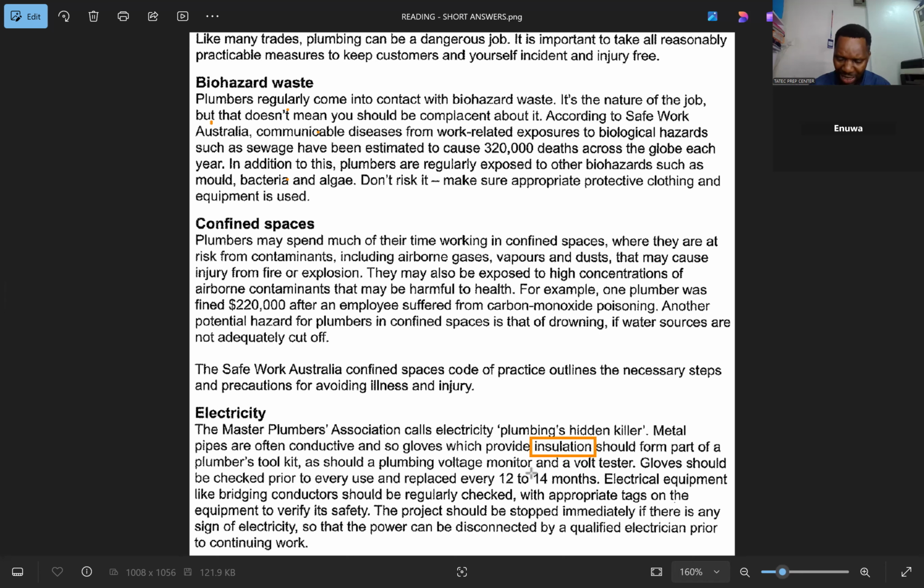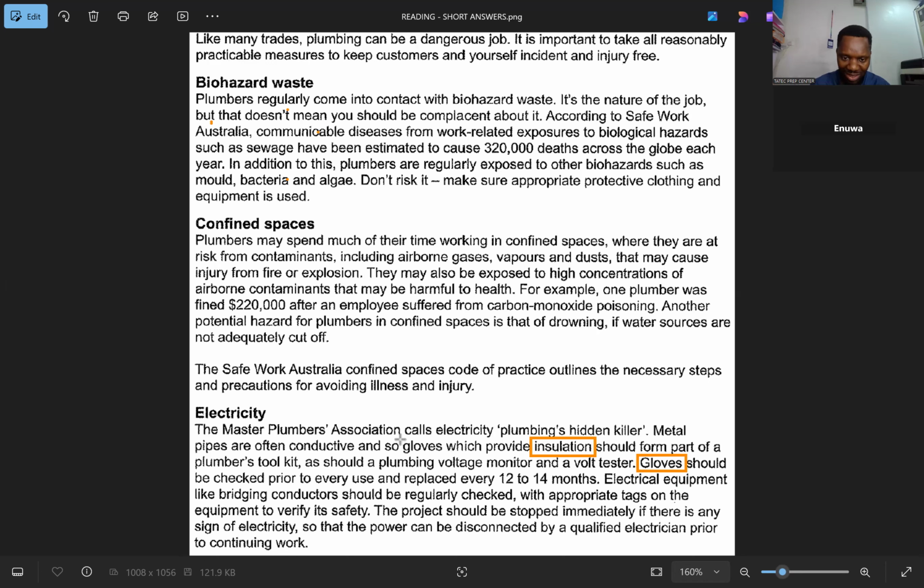Now, we are looking at actions that should be taken. So a number of pieces of information with regards to action have been provided. So let's look at the right one that would constitute the appropriate answer. And this is what you should look at. Gloves. Gloves. That's where your answer is.